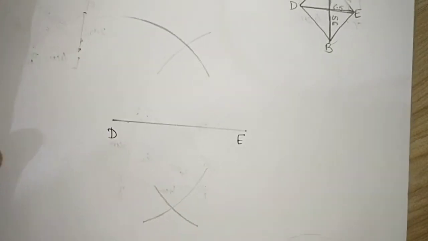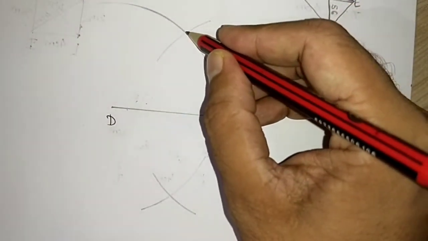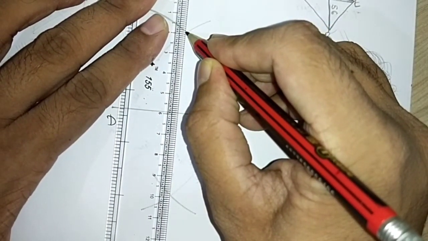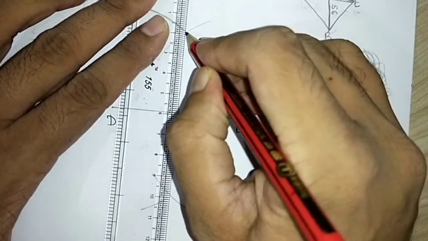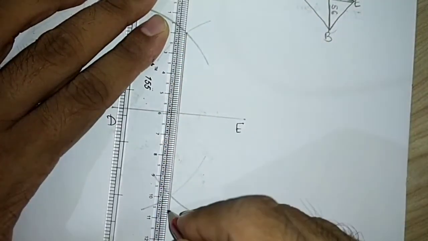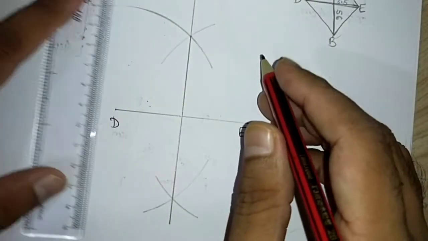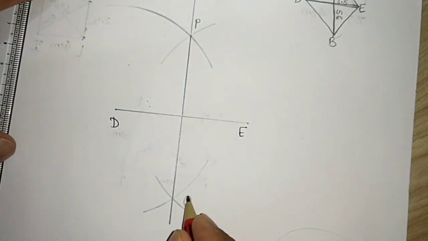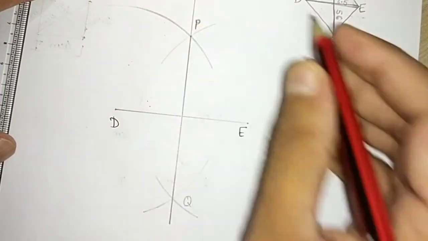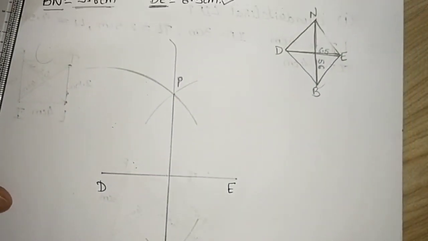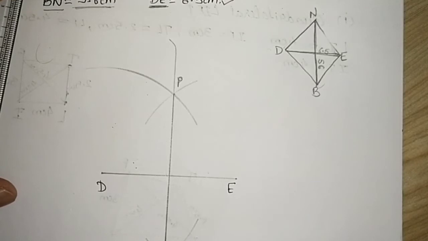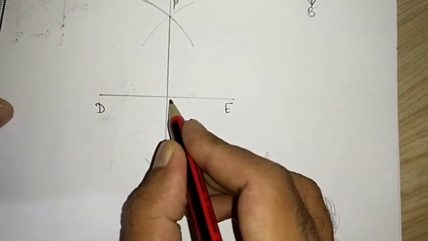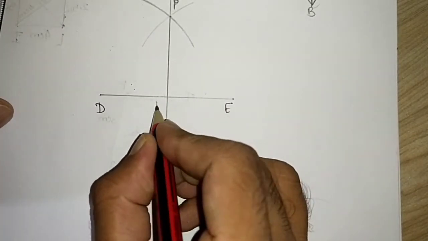Now join the two points of intersection and name them P and Q. Why not E and B? I will tell you later. Where PQ intersects DE, name it as M.